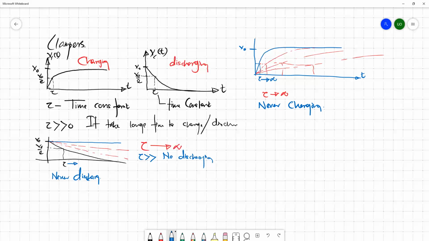From these two concepts, we can build an argument that if the time constant goes to infinity, the capacitor never charges or discharges.